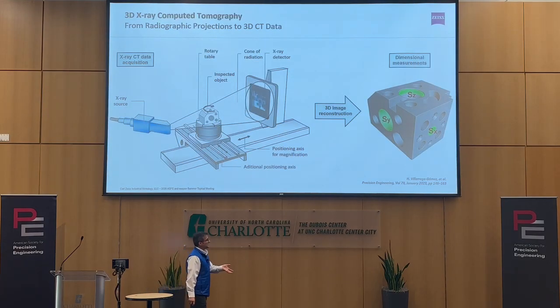In terms of metrology, I'm not going to go too deep into that. We already saw what Nicolo has done, and I have published quite a lot with Professor Smith from my work at University of North Carolina.